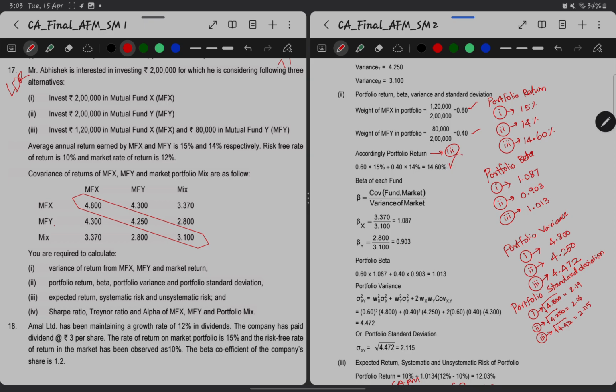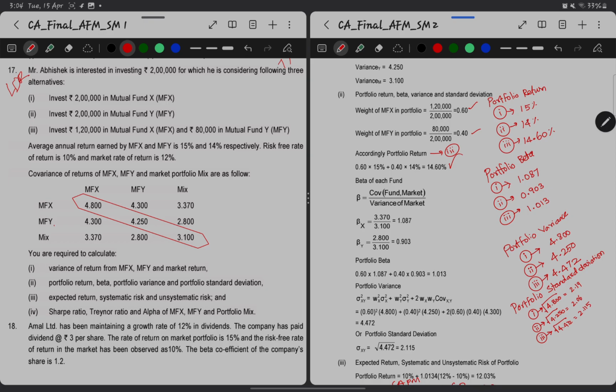Now the second portion of the second requirement is beta. The beta of mutual fund X is nothing but the covariance divided by the market variance.